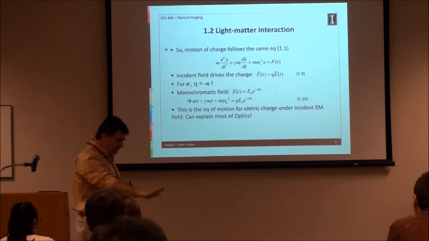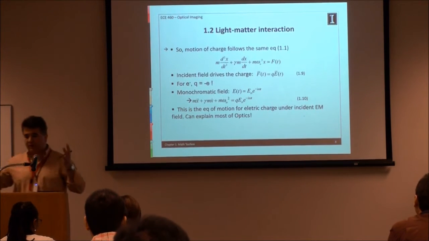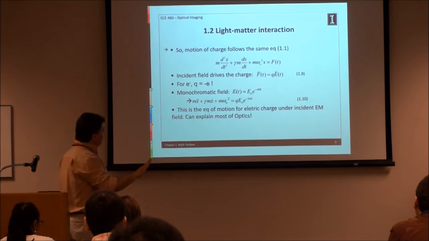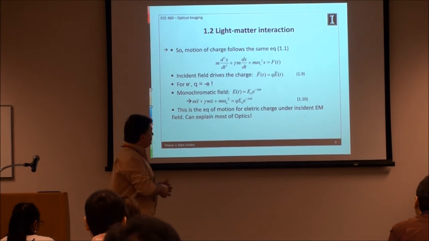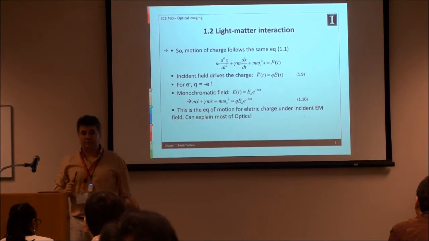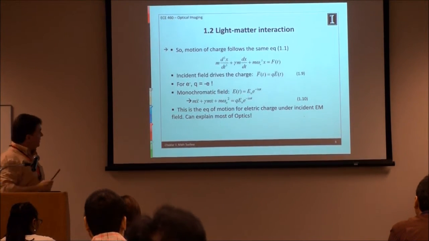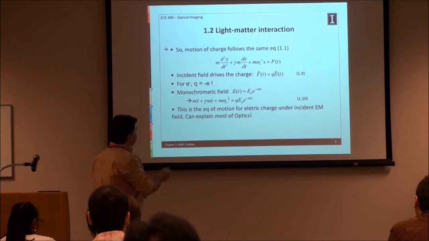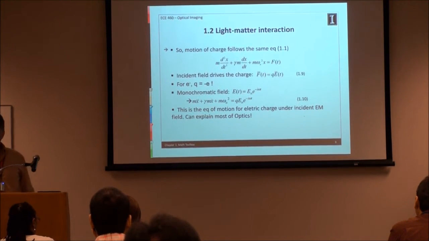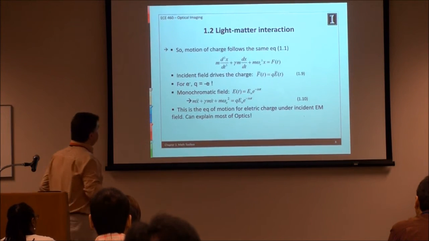So I have, let's say, a laser beam that comes incident on a piece of glass or anything else. And the electric field coming from my optical beam acts as an external force on the charge in the material. So again, our problem is to solve this equation. What is x as a function of t, given all these properties of the material, right?